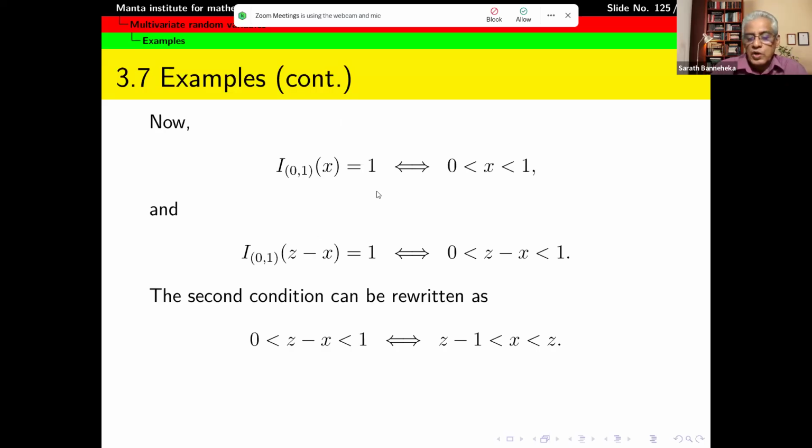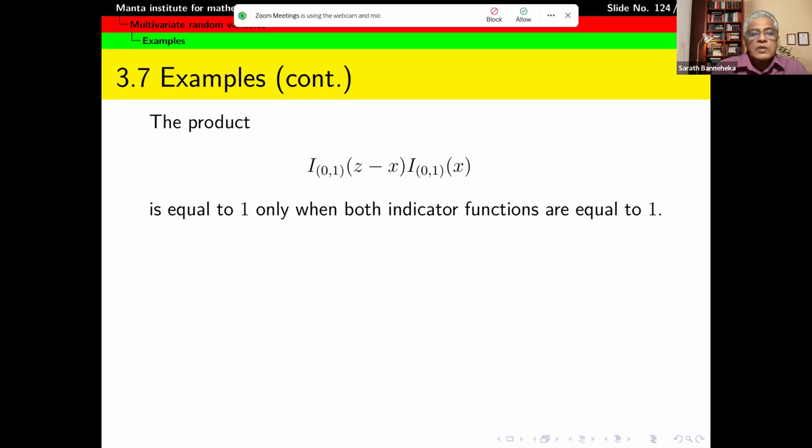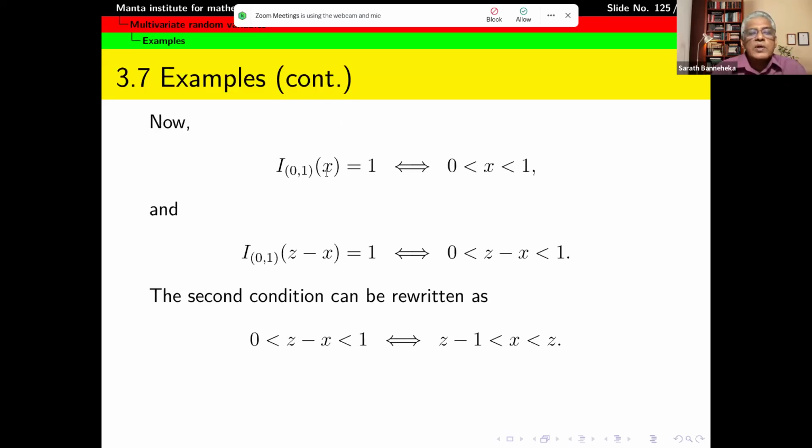Let me show you how that is obtained. I_{0,1}(x) is equal to 1 if x is in this interval. I_{0,1}(z minus x) is equal to 1 if z minus x is between 0 and 1. I can write this second condition again as an inequality for x: this second condition happens if x is between z minus 1 and z.